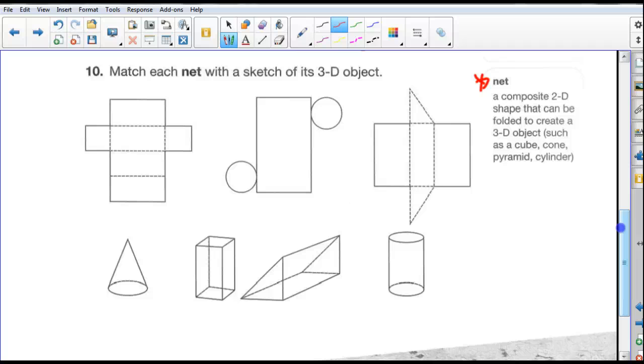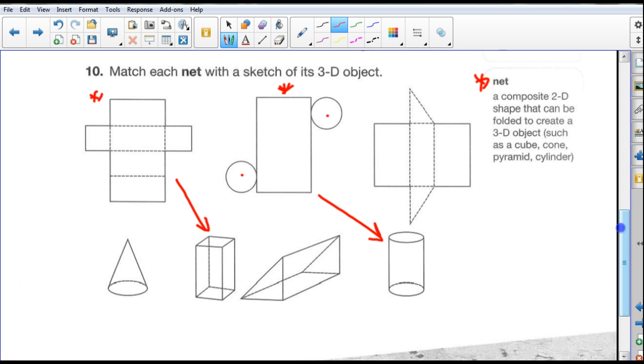So let's do the first one right here. This first one looks like it might be something like a Kleenex box if we were to cut the sides and fold it open. At least that's the way I think. So I'm thinking that this one looks like that. That's the net of this object right here. This one right here, number 2, because it's got a round top and a round bottom, I'm thinking it's got to be this cylinder right here, kind of like a soup can.